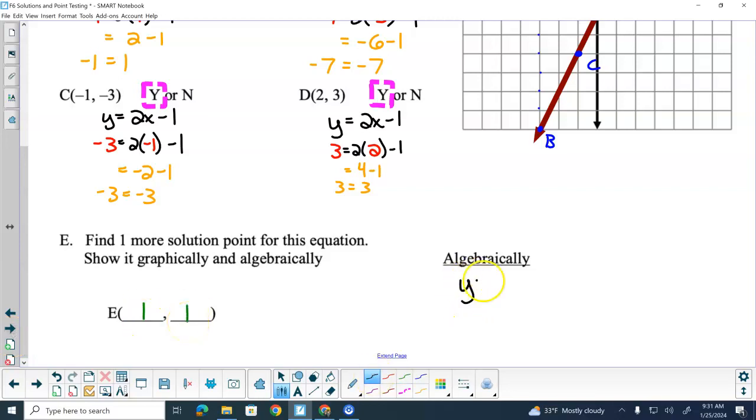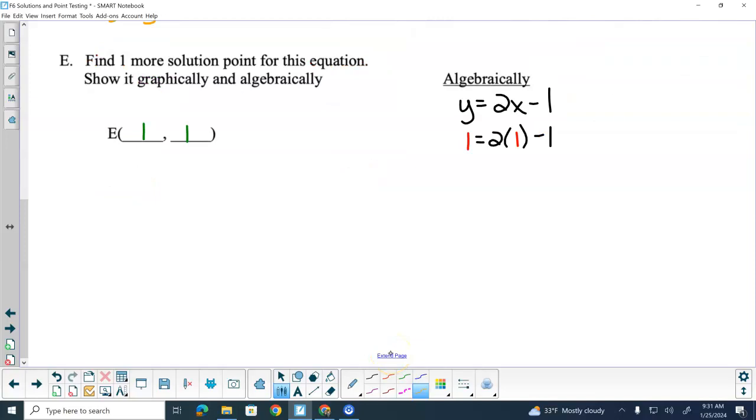Algebraically, y equals 2x minus 1. If I do 1, and I do 2 times 1, that is 2. 2 minus 1 is 1, and 1 is equal to 1.